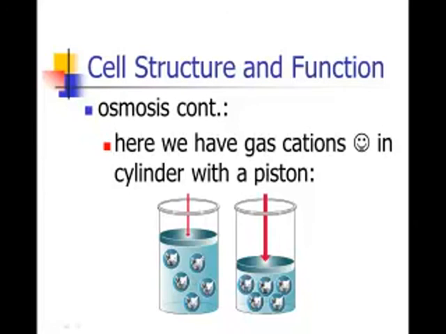And if we put pressure on the piston and push it downward, these cations become more concentrated, right? So the same thing happens in fluids. You don't see a big change in volume, but by exerting an external pressure to a volume, you increase the concentration within that.